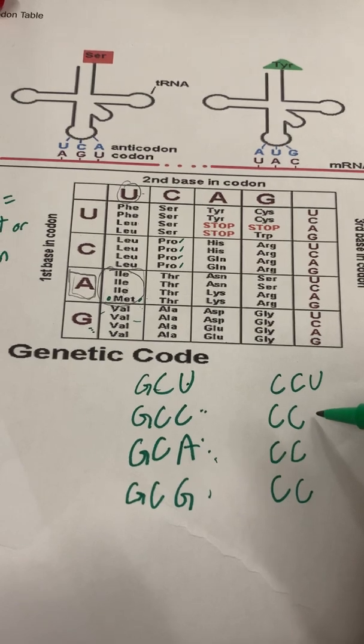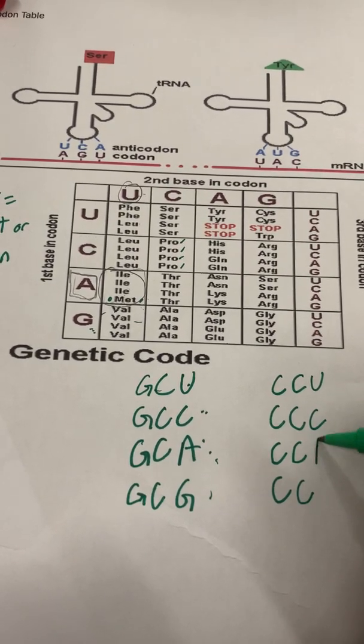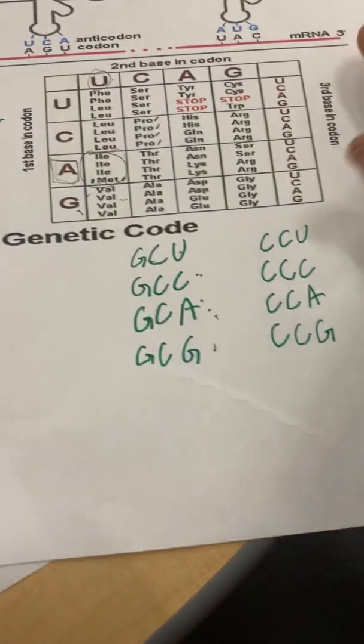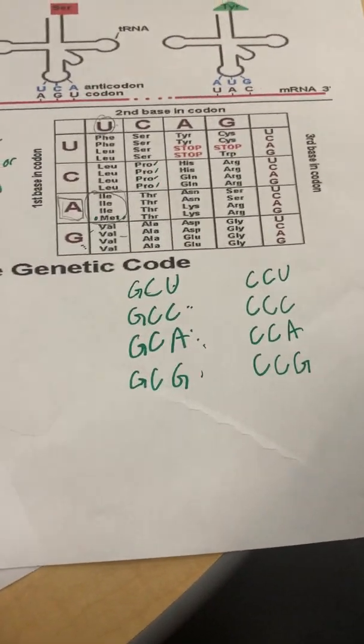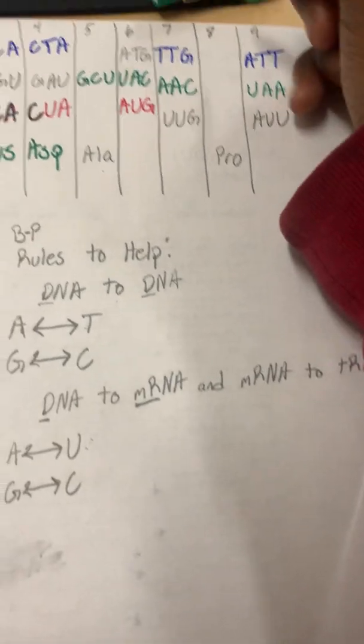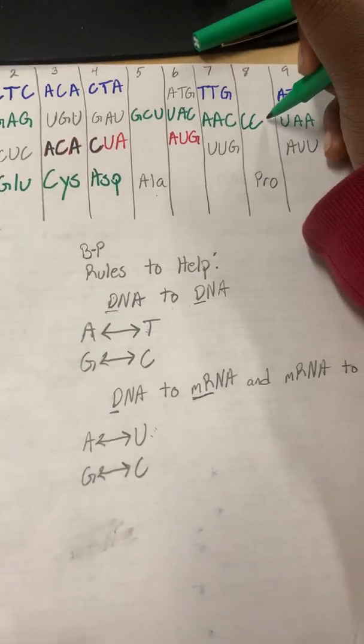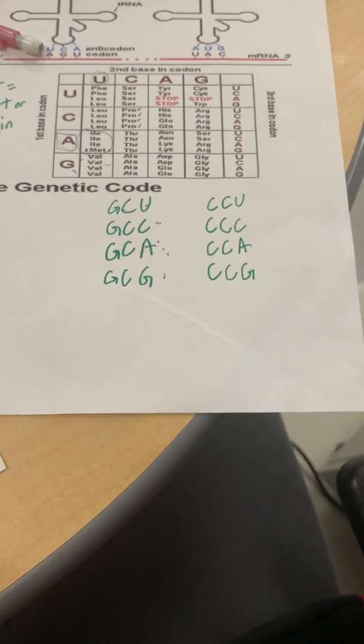So it can be CCU, CCC, CCA, or CCG. Just to keep it simple, doing the first one, CCU, my messenger RNA for this proline is C, C, and U. But like I said, any of those options can go with it.